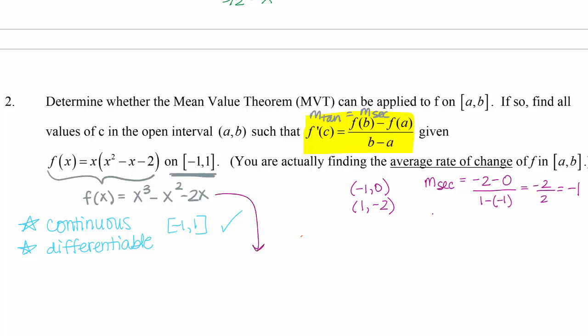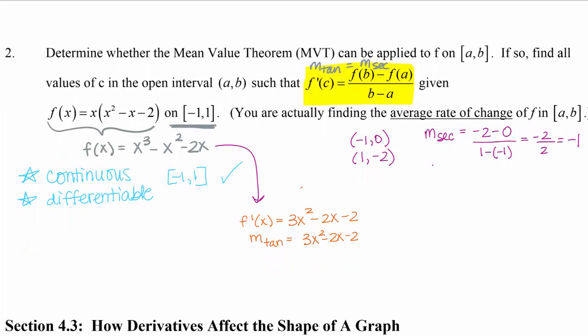So here's the derivative work. I'll find my first derivative, which again is just the power rule. You should be finding these derivatives to not be too terrible. This is the slope of the tangent line for any x value. And I'm saying the slope of the tangent line is equal to the slope of the secant line.